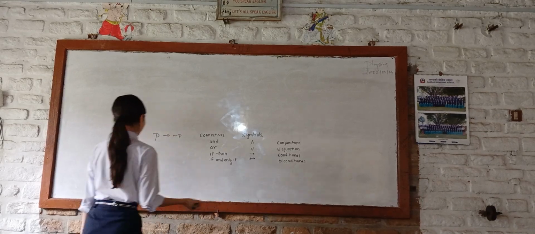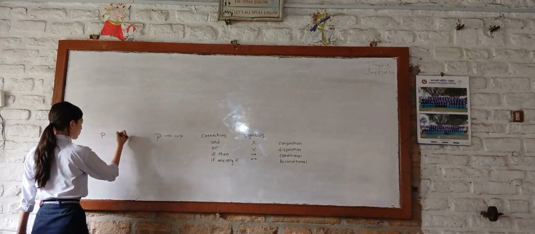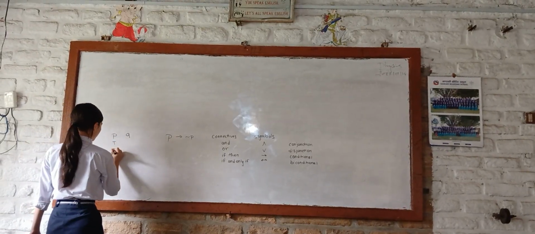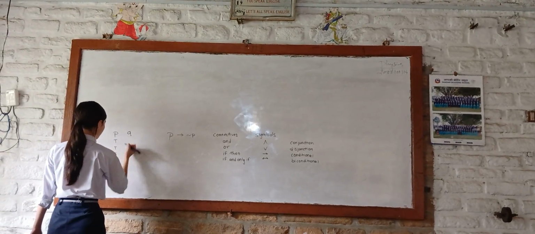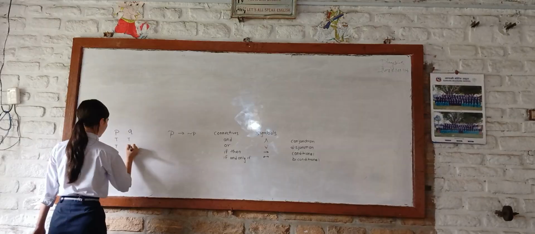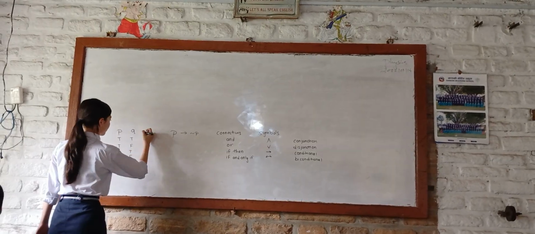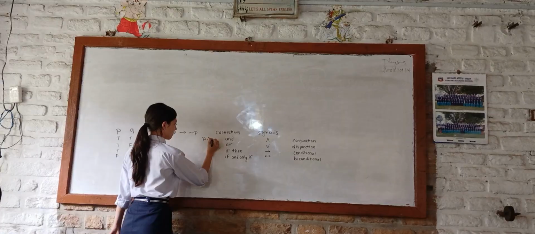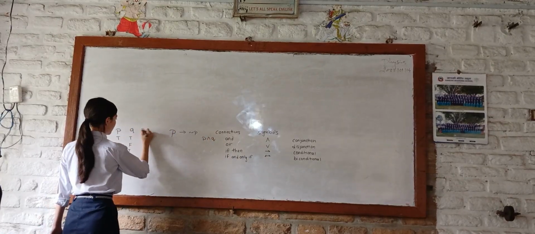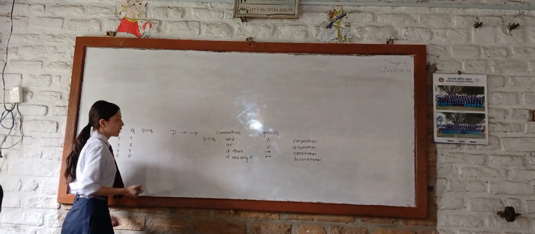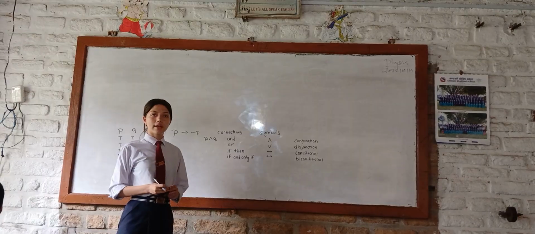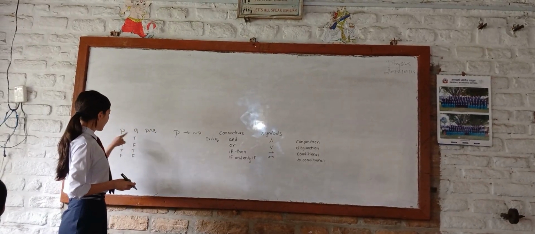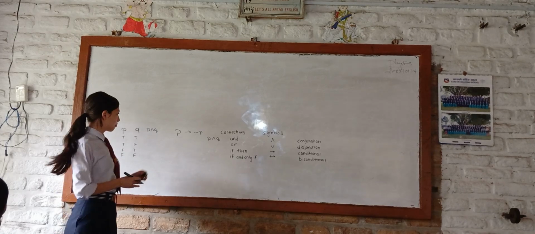If any true statements are denoted by P and Q, and it is written like this, P and Q, we can see that in conjunction any statement is true when both P and Q are true, then only P and Q will be true.